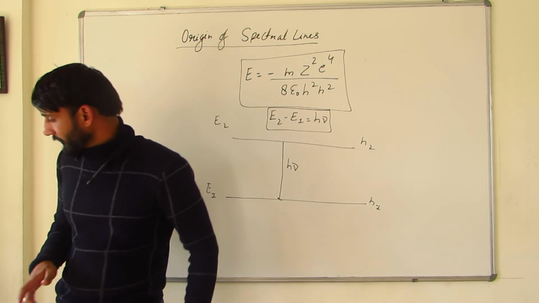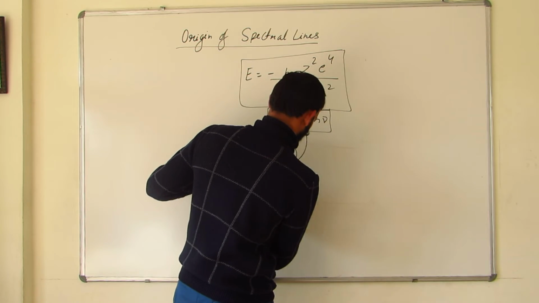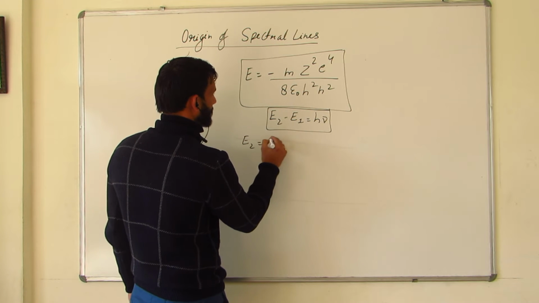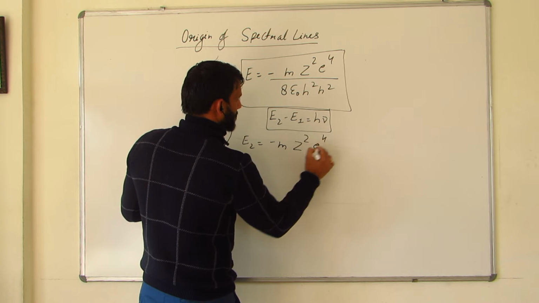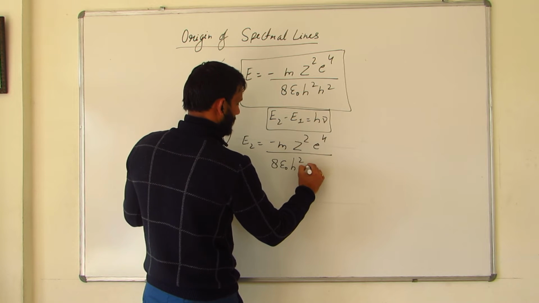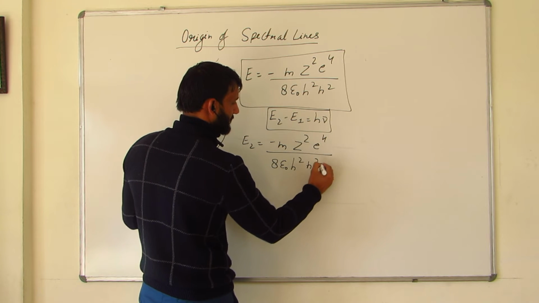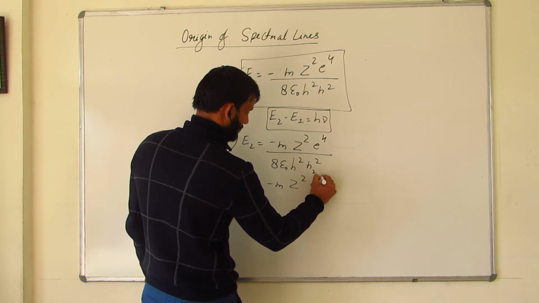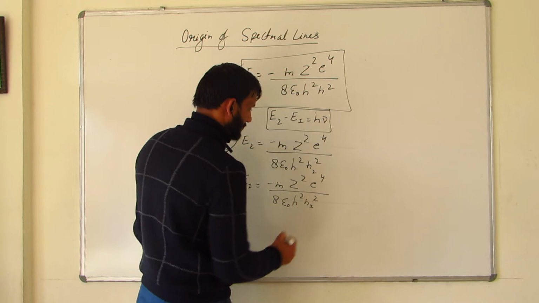So minus m... I am not putting the value here, I am just writing n2 square, and n1 square.